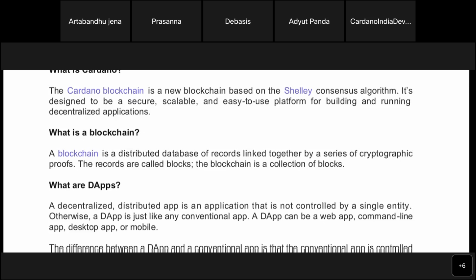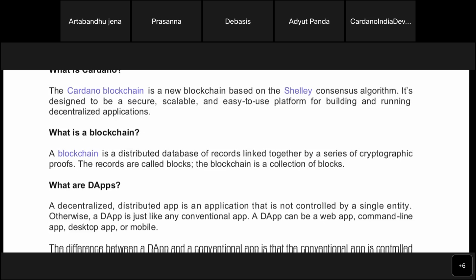It's not like anybody can easily write it down to the blockchain ledger. Even if you are changing the blockchain, you have to have a consensus, an agreement with all the people who are participating in that blockchain.